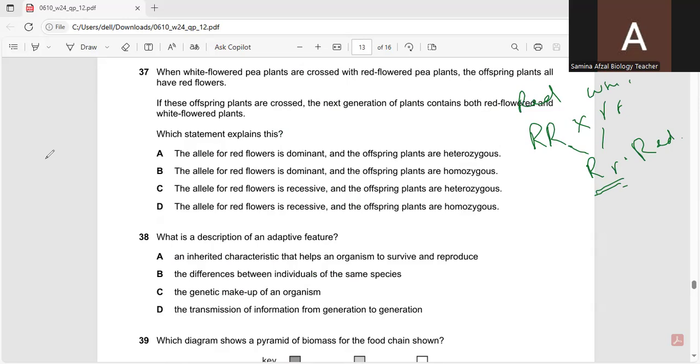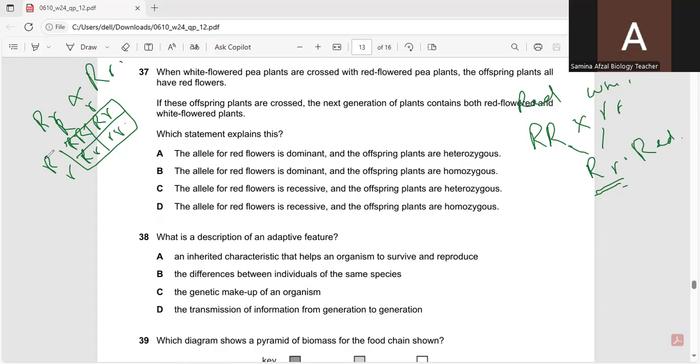So if these offspring plants are crossed, capital R, small r into capital R, small r. So in the Punnett square, capital R, small r, capital R, small r, and small r, small r.